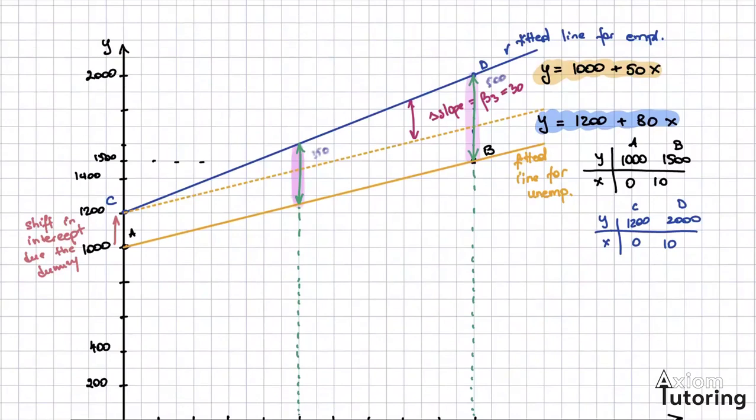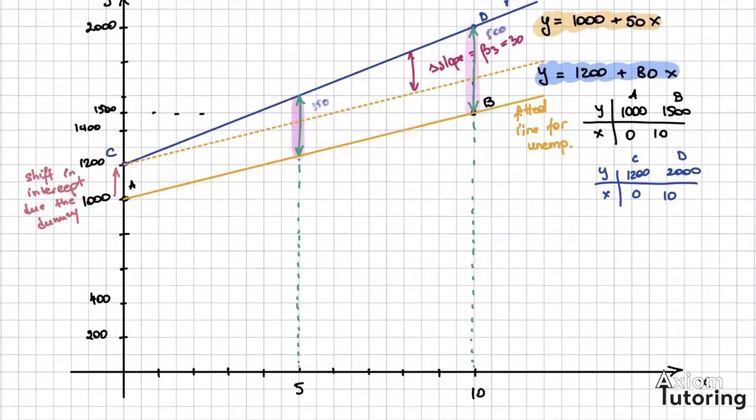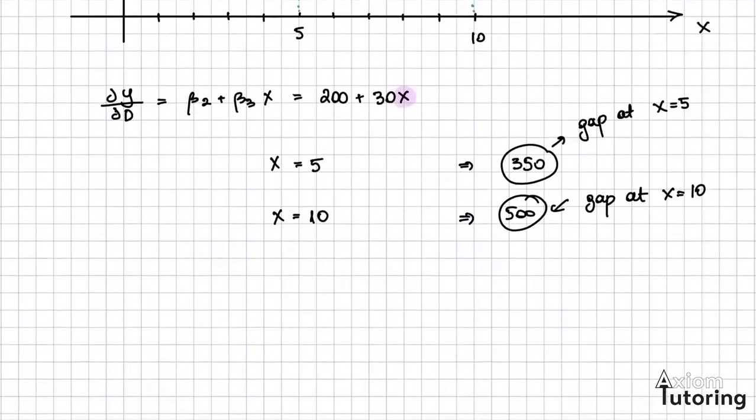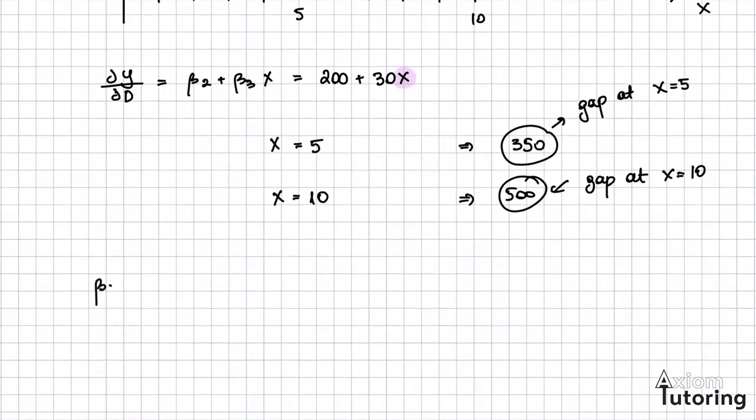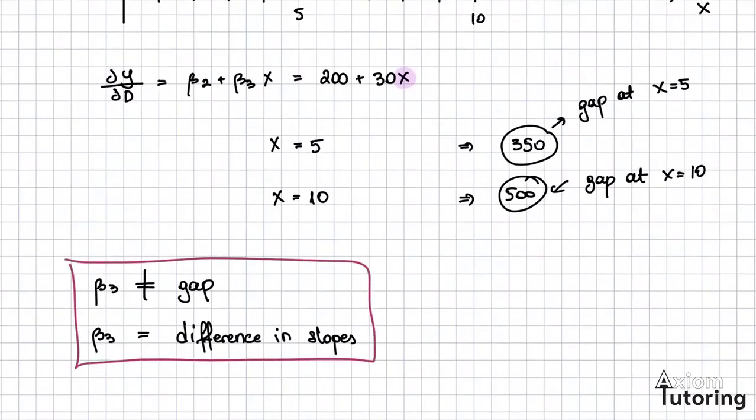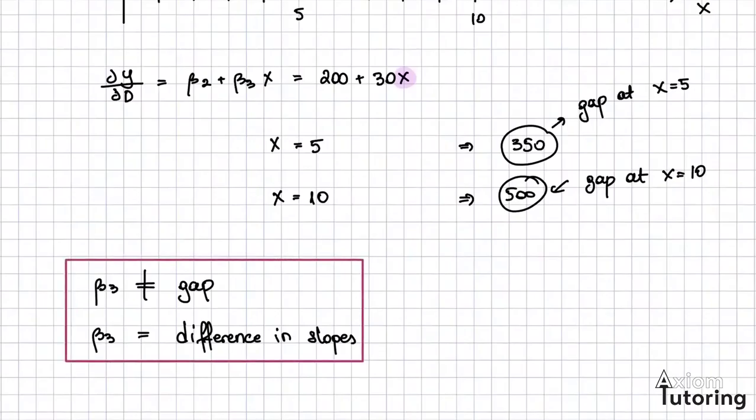So what is exactly going on here? What is beta 3 exactly? Well, beta 3 is not the gap, remember? Beta 3 is not a gap. We very clearly said that beta 3 is a difference in slopes, and I'm going to put that in a box for you so that you don't forget this.